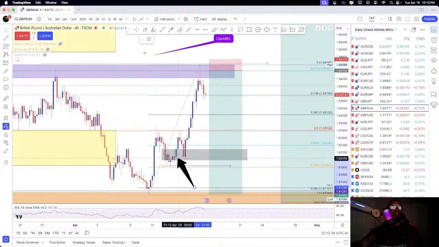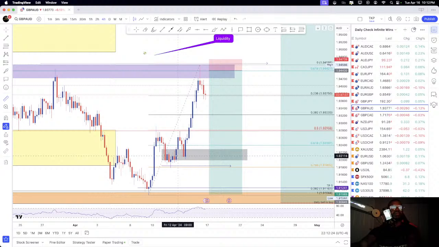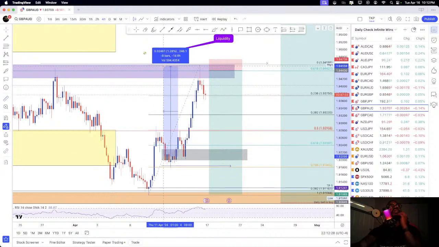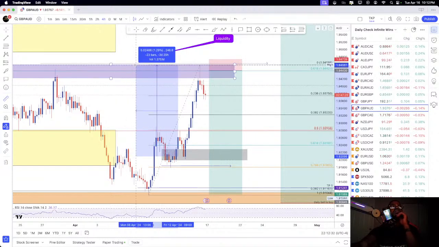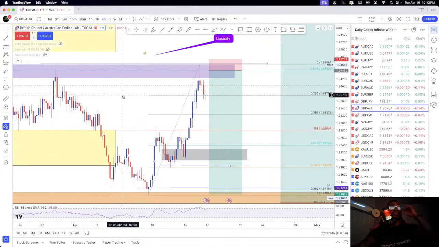This is the right shoulder of that inverse head and shoulders. And from there, price touched it and took off. Gave you 248 pips off of something that simple. All right, so we got big gems that we share, giving everything away for free pretty much.